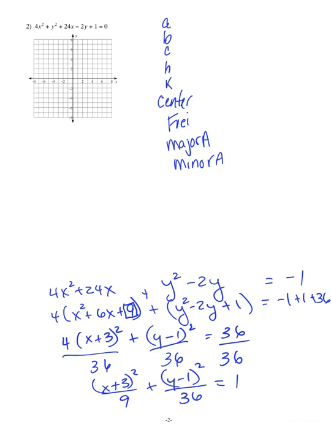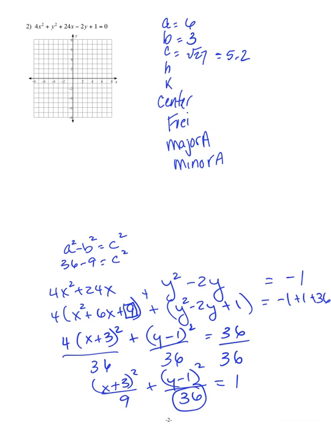Okay, so we know that the big number here is under the y, the 36, so we know A is 6, the square root of 36, and B is 3, the square root of 9, and C would be A squared minus B squared equals C squared. So 36 minus 9 equals C squared, so that's 27. So C is the square root of 27, which is 5.2. So you'll need that for later.